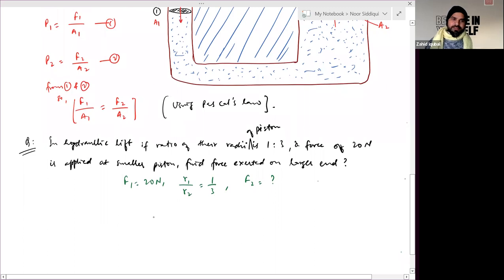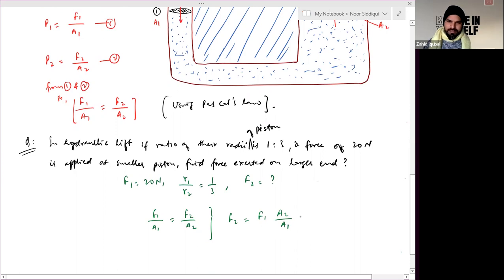Using the above formula, you can say F1 divided by A1 equals F2 divided by A2. So move F2 to the left side and A1 to the right side, or you can write F2 equals F1 A2 divided by A1.